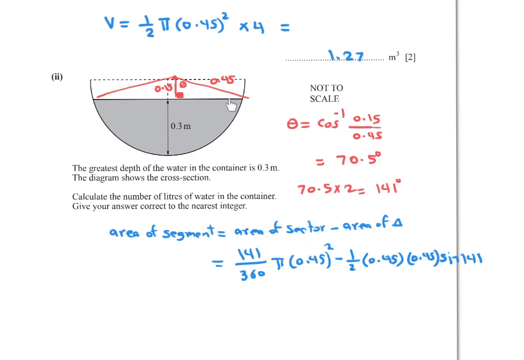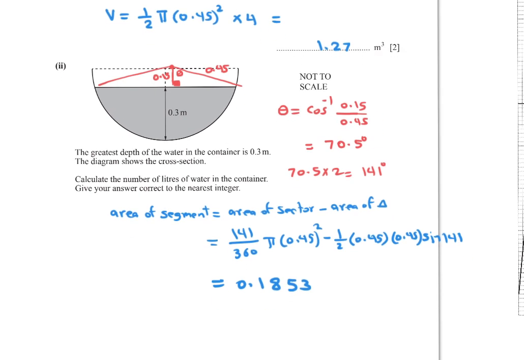Area of sector is the central angle over 360 times pi r squared. Area of triangle is half times r times r times sine of the included angle. So what is the answer? 0.1853. This is the area of the segment.